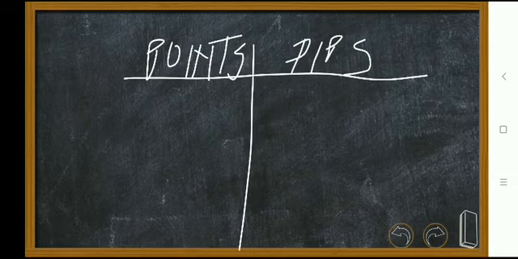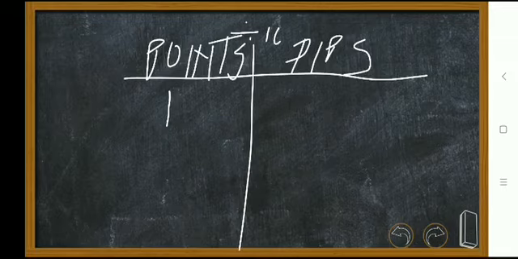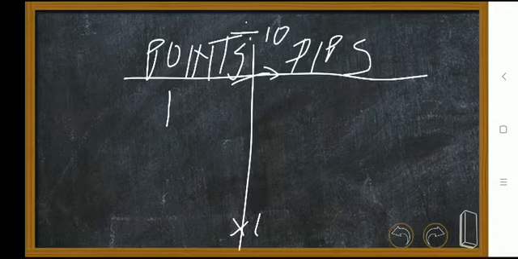You have to know, it's crucial to know both of these words. So points, let's see, 1 point. Remember, right now we are dividing by 10 to get to this point. From points to pips, we are dividing by 10, and from pips to points, we'll be multiplying by 10.